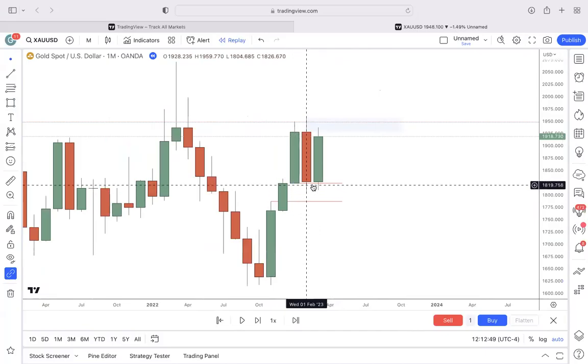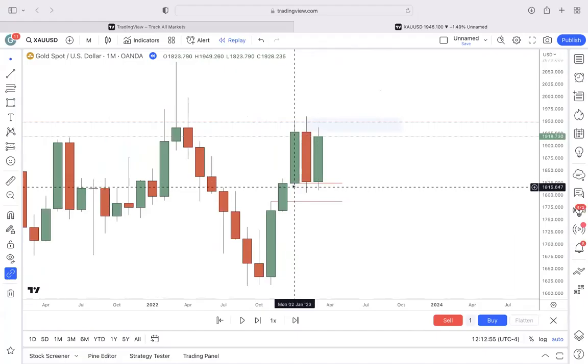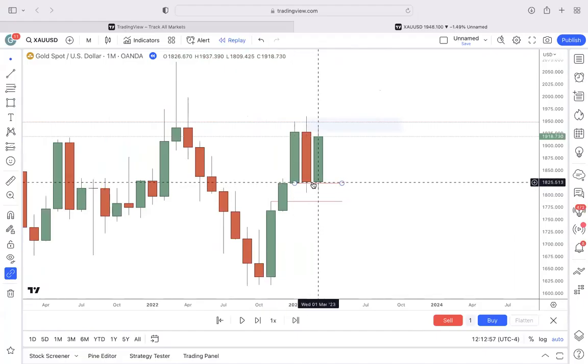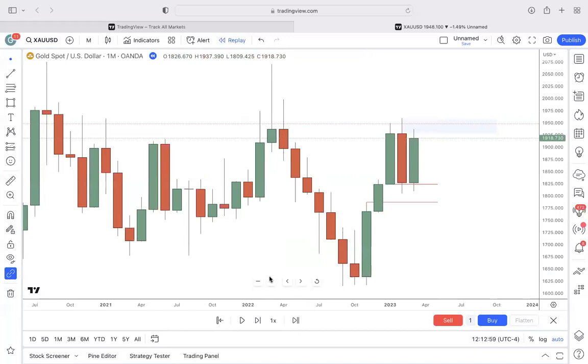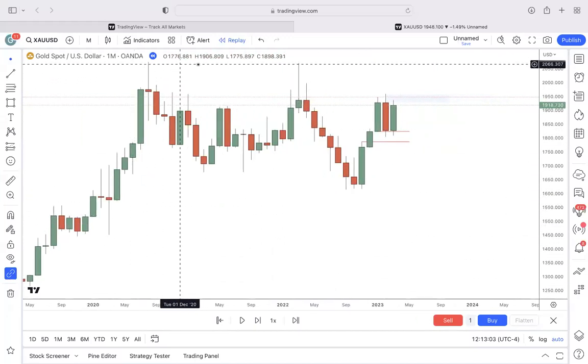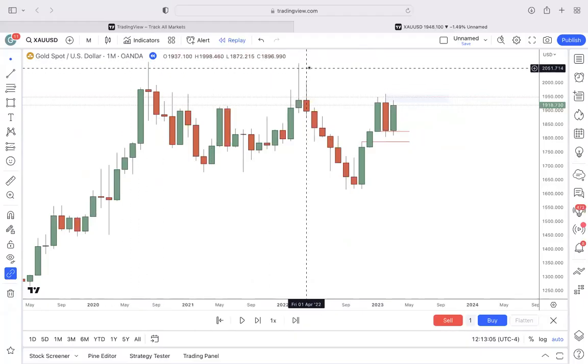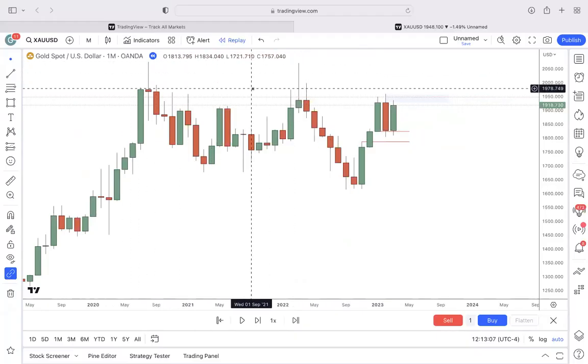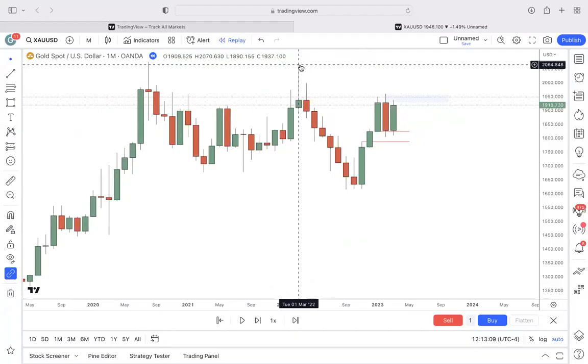They're not closing below, they're not closing inside of this fair value gap. They're closing above the fair value gap. That's great, so they respected that. Then we look left and we have old highs all the way up here. These are all-time highs, so it only makes sense to want to retrade back up there.